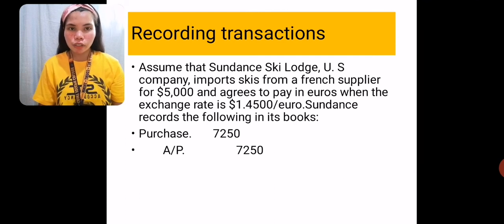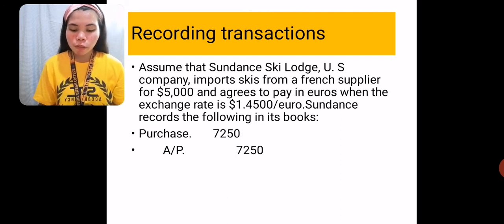Recording transactions. Anytime an importer has to pay for its equipment or merchandise in a foreign currency, it must trade its own currency for that of the exporter to make the payment.